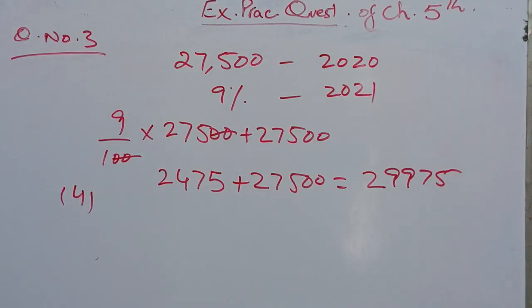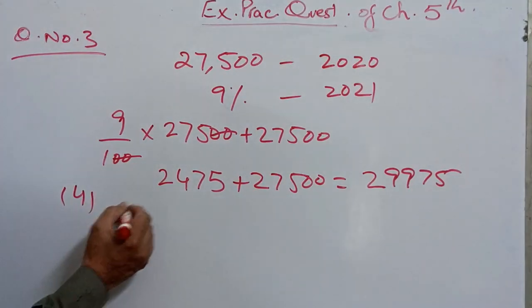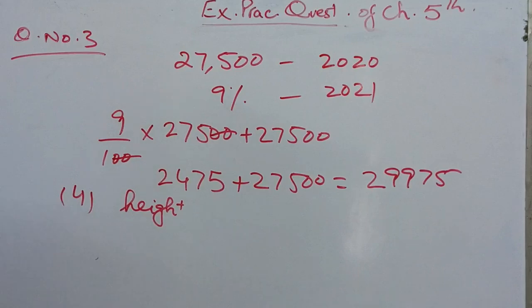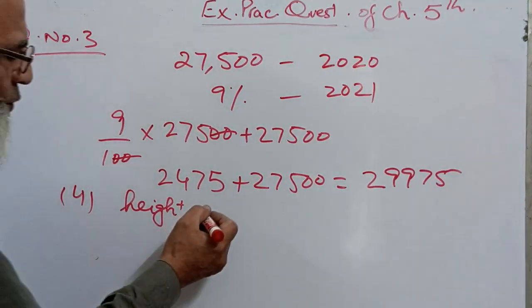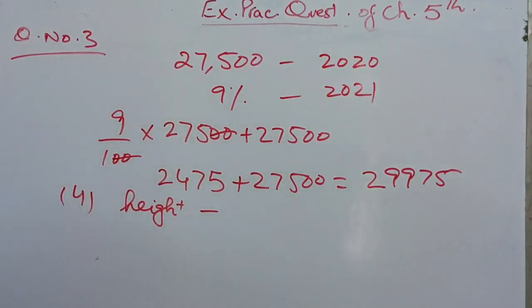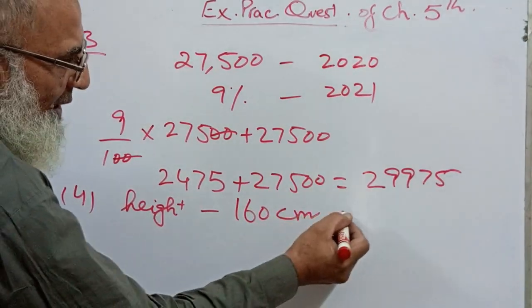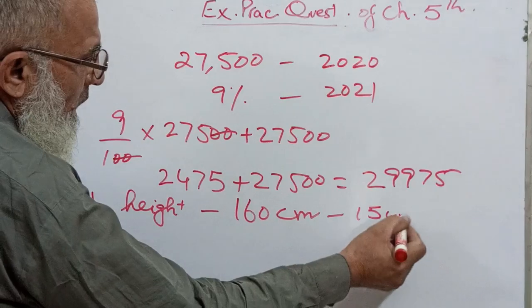Abdul's height was 160 centimeters on his 15th birthday. It was 172 on his 16th. What was the percentage increase? Yes, the height in 1 year. The height of Abdul was 160 centimeters when he was 15 years old.